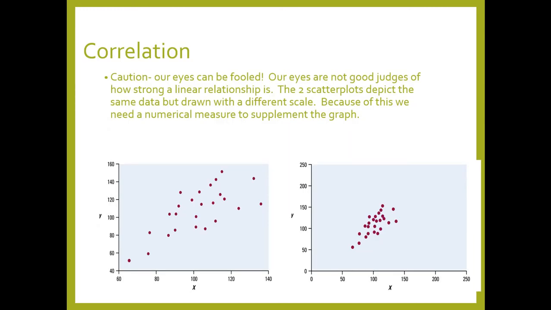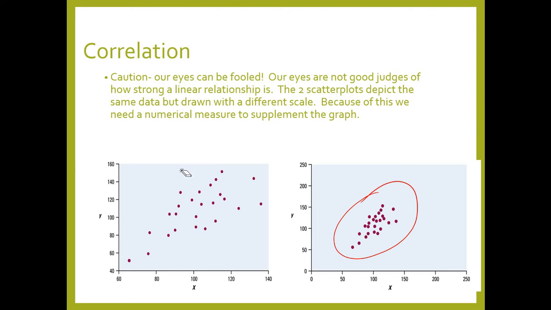All right, and then correlation, you also want to be careful of doing it with your eyes. That's why we have the R value, because these are two graphs here of the exact same data set. But you can tell this left one, sorry, is zoomed in, where the right one here is zoomed out, so it looks much tighter.